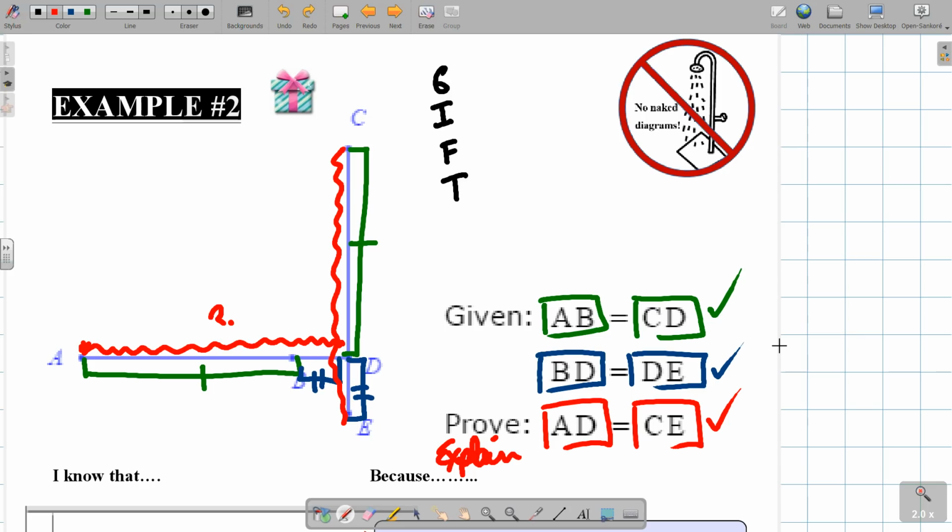How do we know that the reds are equal? Go ahead and just pause the video, talk that through for like 20 seconds. So let's see how we can explain this.